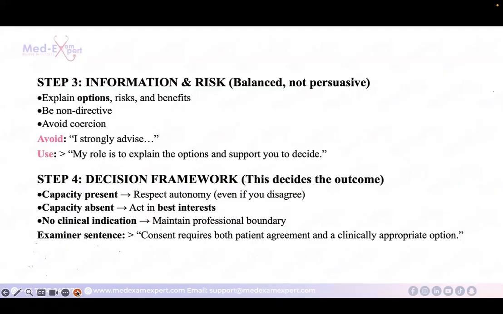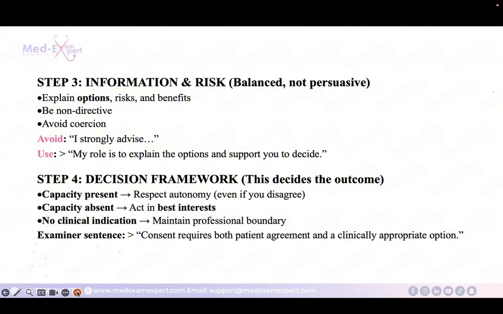So you should not say, I would strongly advise, but this is what I would advise. This is what would be in your best interest, okay? So you can say, my role is to explain the options and support you to decide the best option for you, okay?